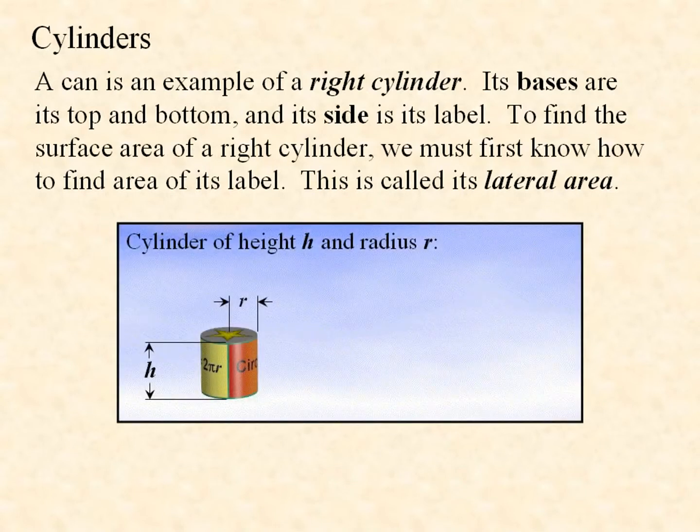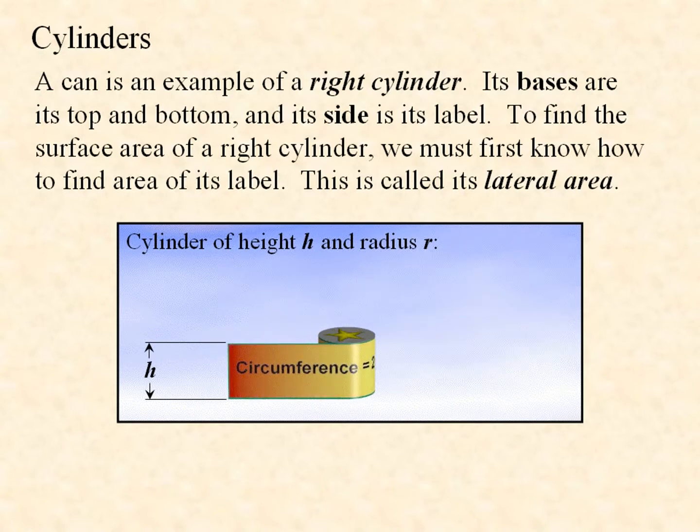Here's a cylinder of height h and radius r. We're going to unwrap the label and we see that the length of the label is actually the circumference of the circle.